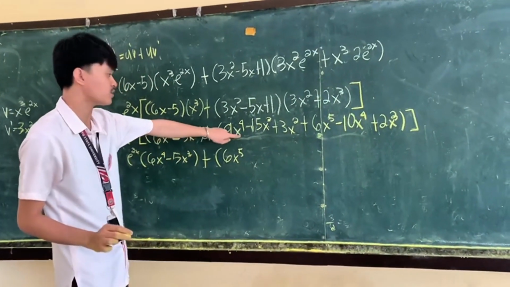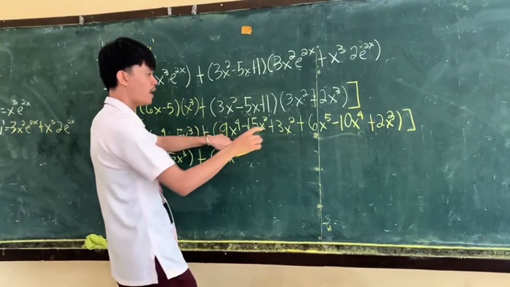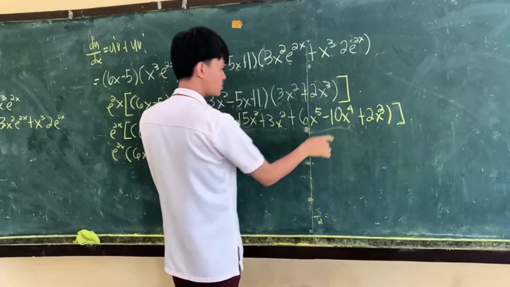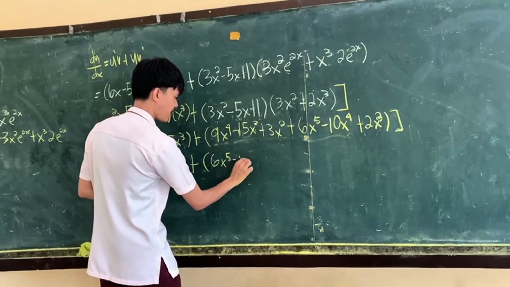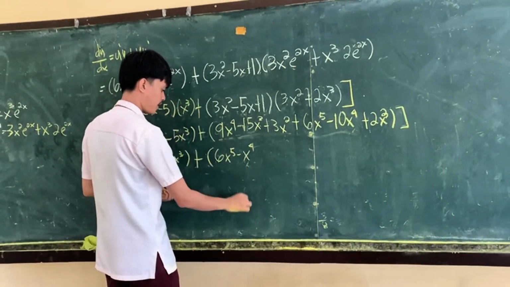Now, 9x raised to the power of 4 minus 10x raised to the power of 4 is equal to just negative x raised to the power of 4.